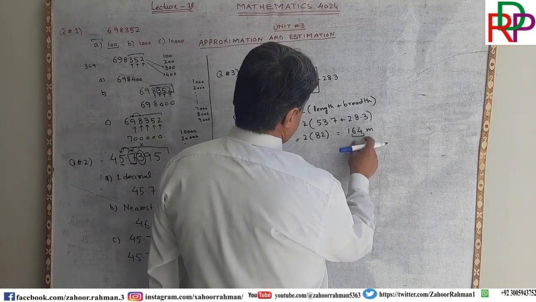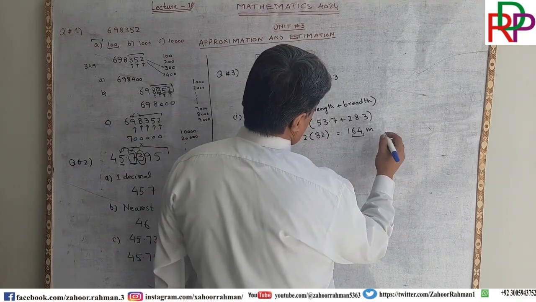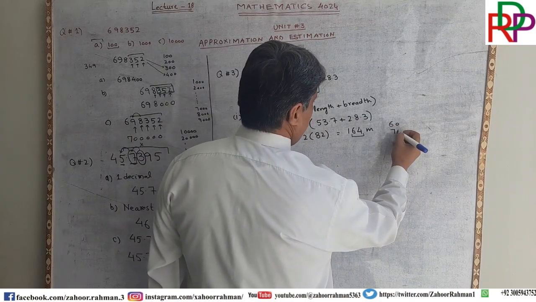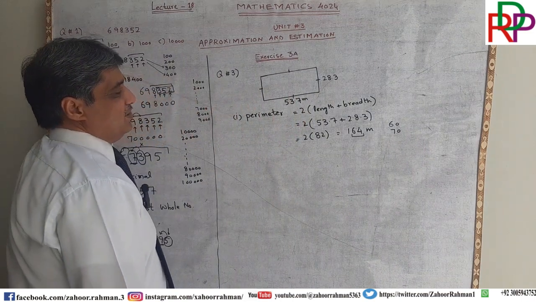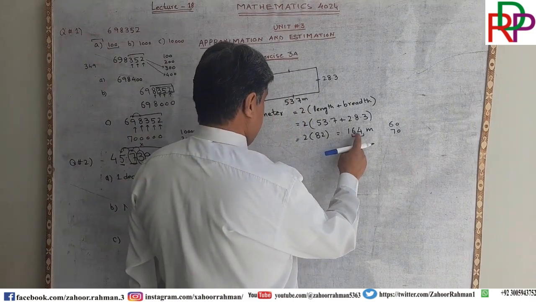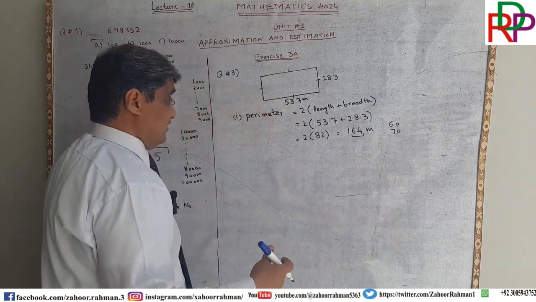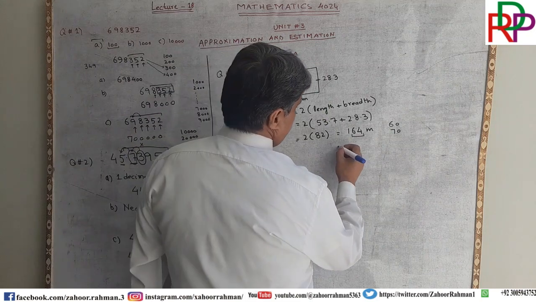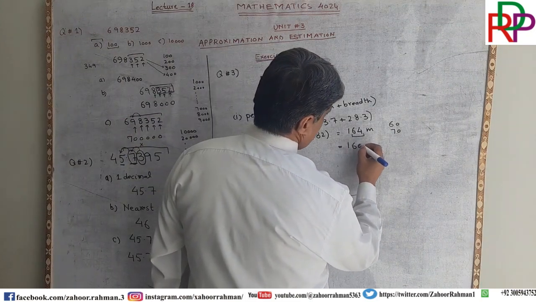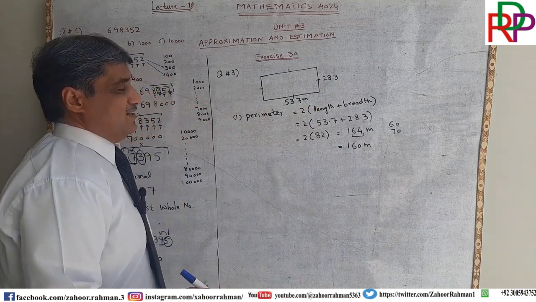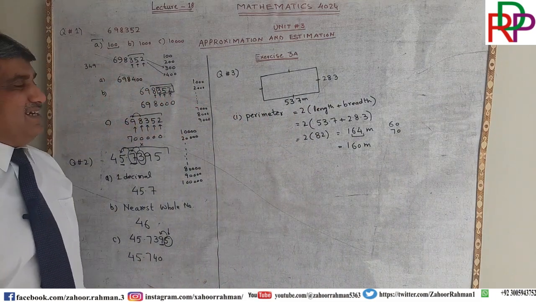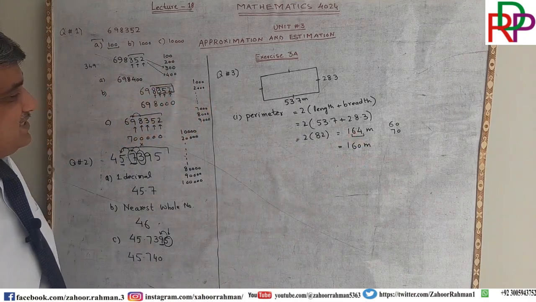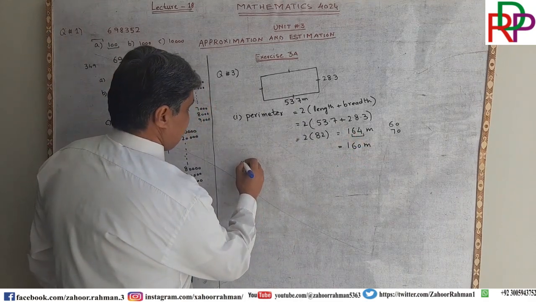Whether it is equal to 60 or 70, it is near to 60 because the last digit is not equal to 5 or greater than 5. So the answer is 160 meter, because to the nearest 10, this is units and this is tens. 160 meter is the answer.